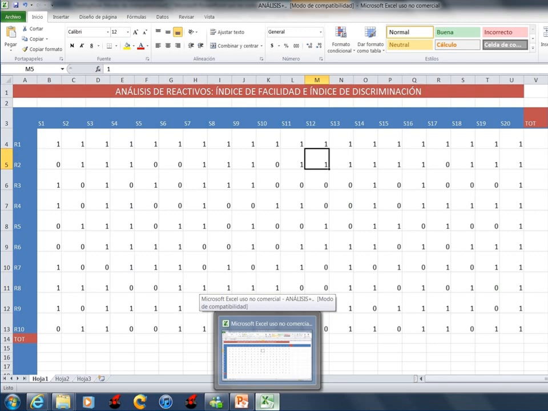If the student answers an item correctly, we're going to write number 1. If the student answers an item incorrectly, then we're going to write a 0. Remember that this is what we call a dichotomous scale, in which we have only two possible values. 1 is correct, 0 is incorrect. So we're going to do it like that for all of the items and for all of the students, and then we'll be ready to carry out our item analysis.